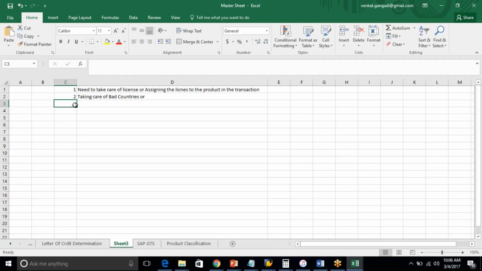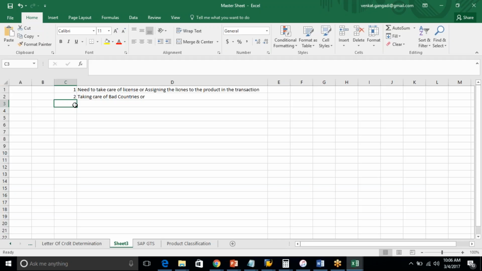Because the foreign trade which is available in our ECC, SD foreign trade and MM foreign trade, is not going to be available in SAP S4 HANA Enterprise Management.